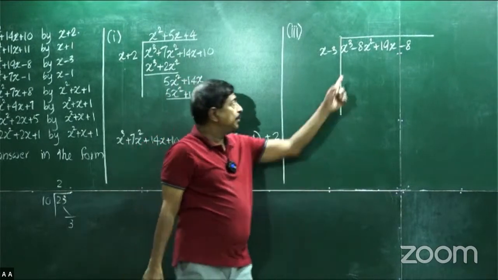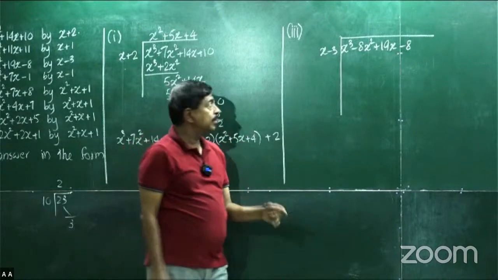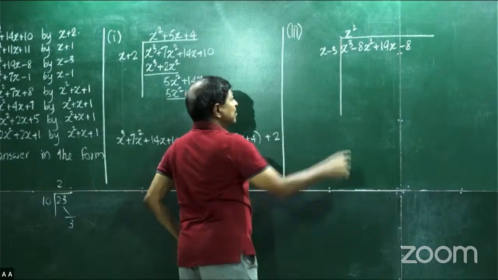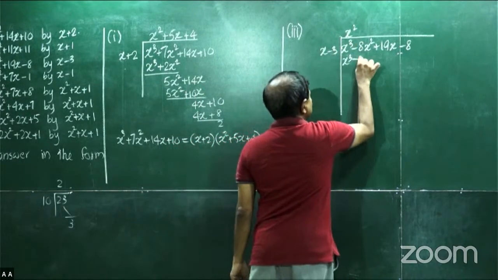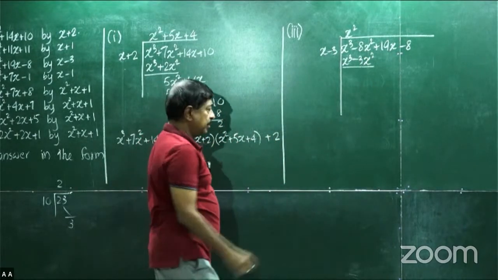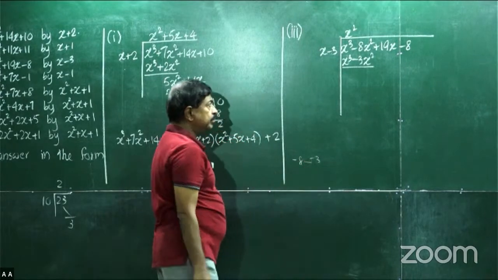So you divide the leading terms, x cube over x, you get x squared. When you multiply it by this one, you get x cube minus 3x squared. Subtract, you get minus 8 minus 3.